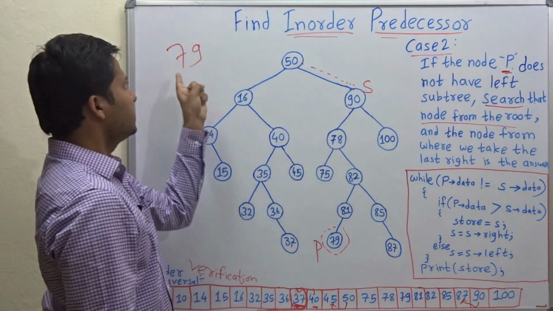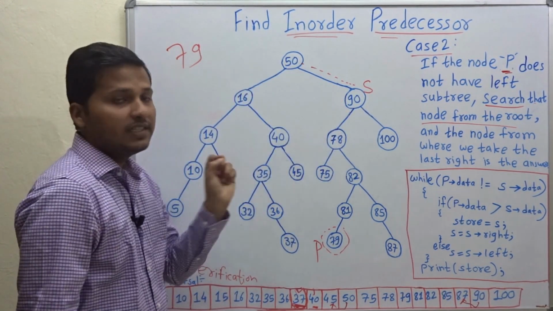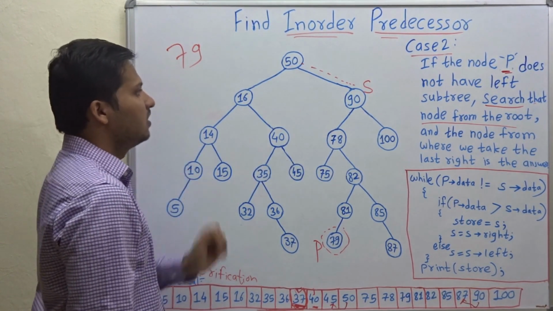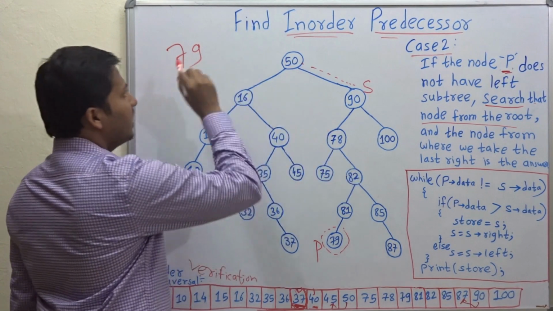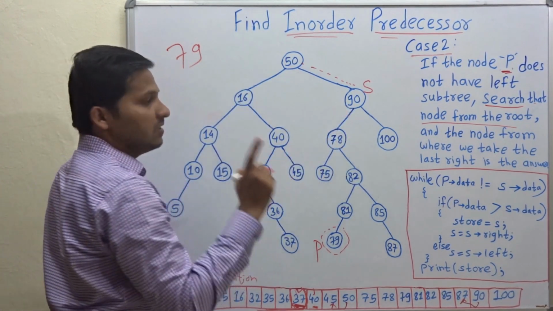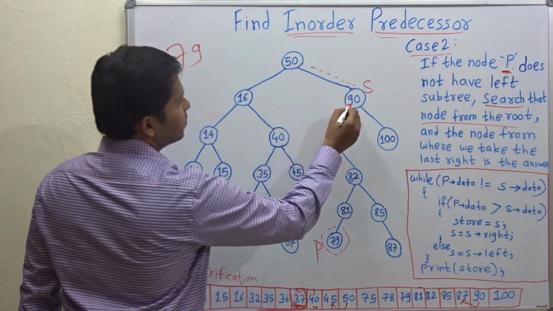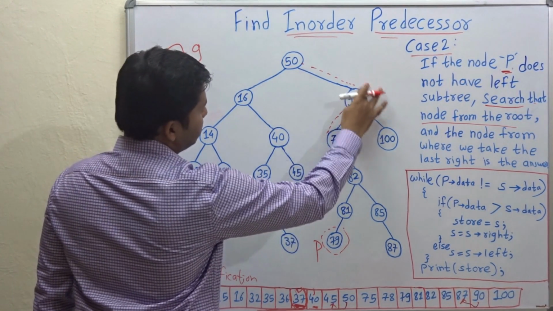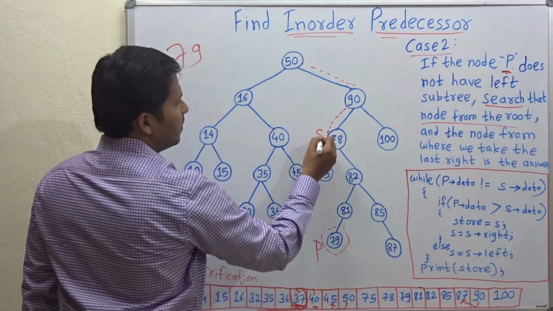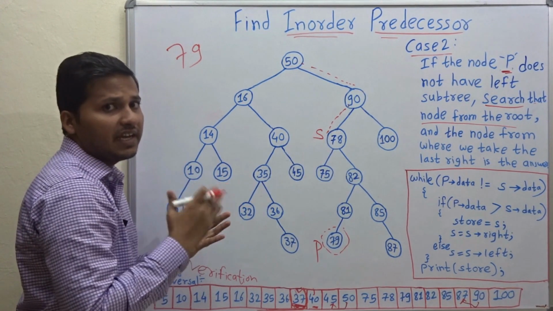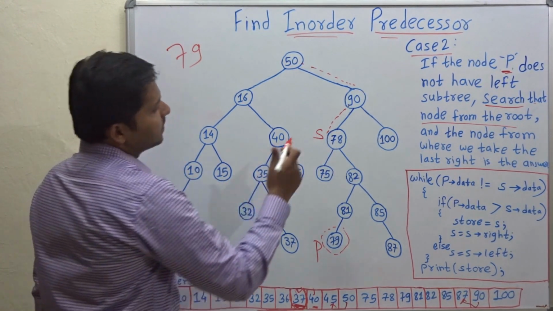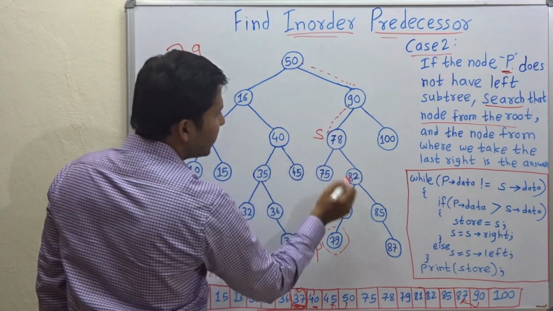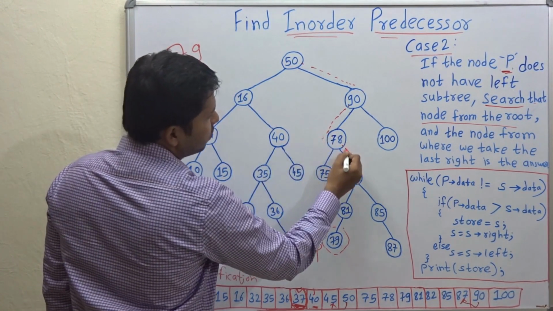See, 90 is equal to 79? No, it is not equal to 79. So whether 79 is greater than or less than 90, it is less than 90. So let's go to the left side. You must be knowing how to search an element in binary search tree. So I am just following that procedure. Now 79 is greater than 78. So let's go to the right side.